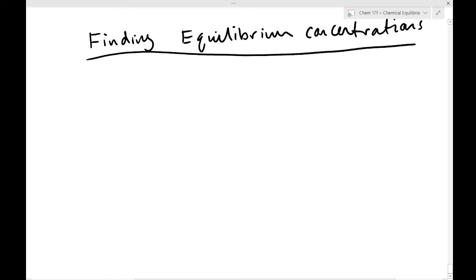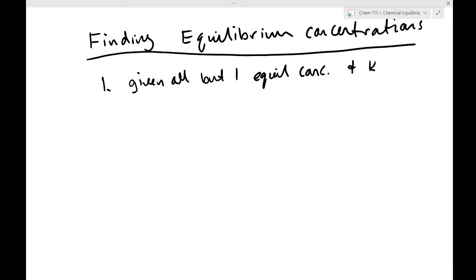Okay, so there's a few different cases here. So the first case is if you are given all but one equilibrium concentration, and K. Okay, if you're given all of this information, this is how you calculate the equilibrium concentrations.